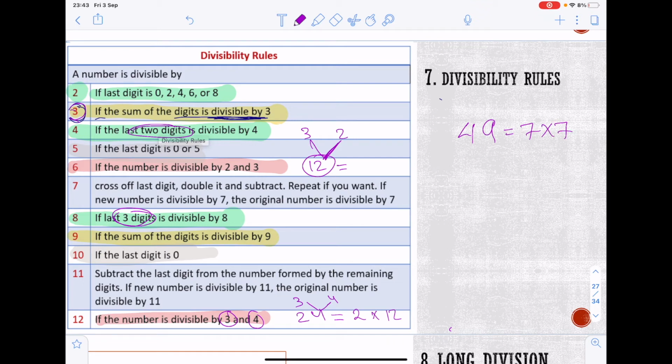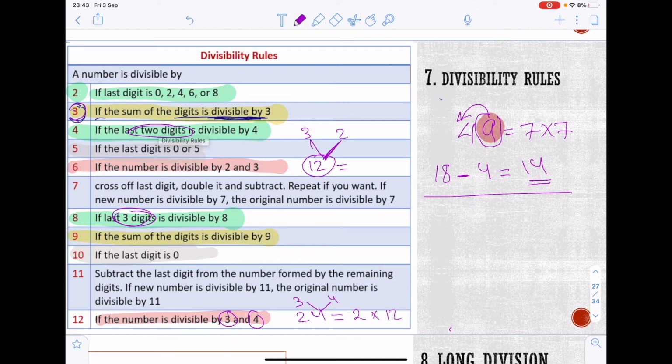The rule says we have to double the last digit, then subtract it from the rest. Double of 9 is 18, then we subtract it from the rest, which is 4, and we get 14. And you know that 14 is in times table 7, so it is divisible by 7. So the rule is to double the last digit, then subtract it from the rest of the number.